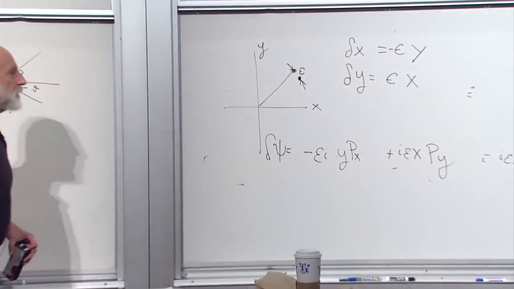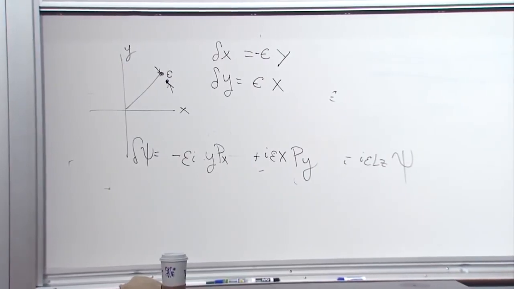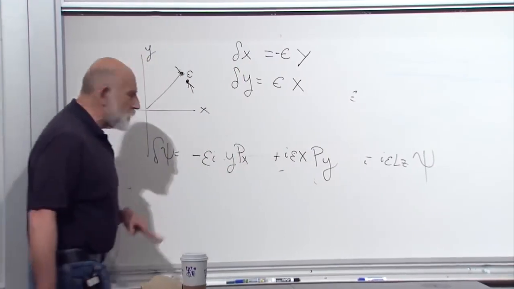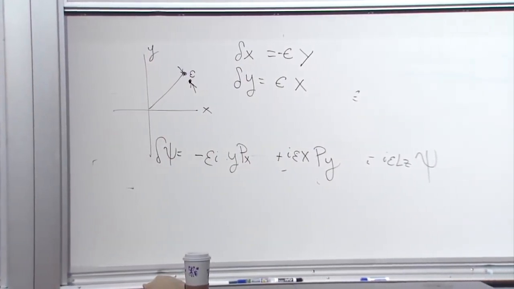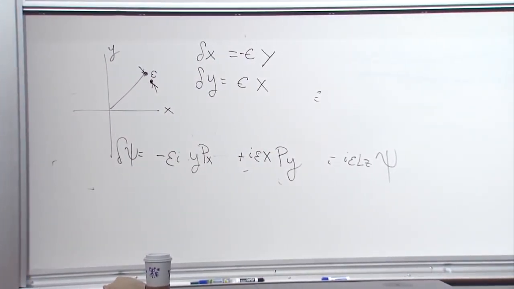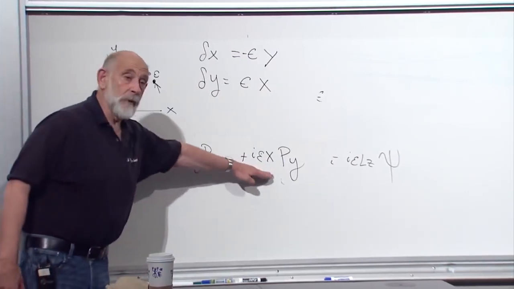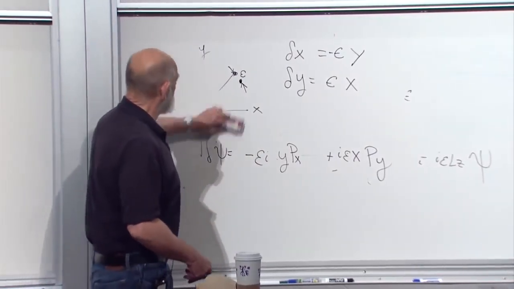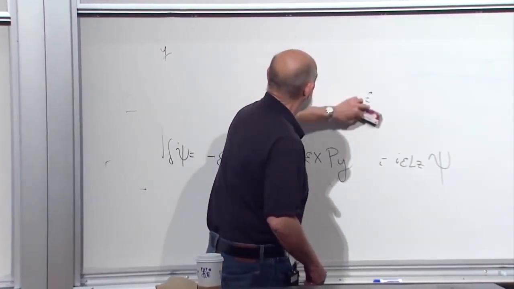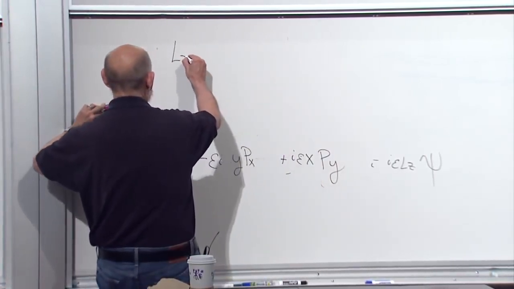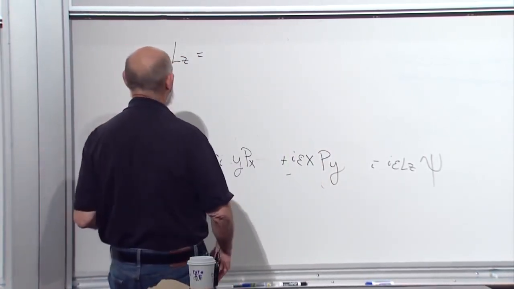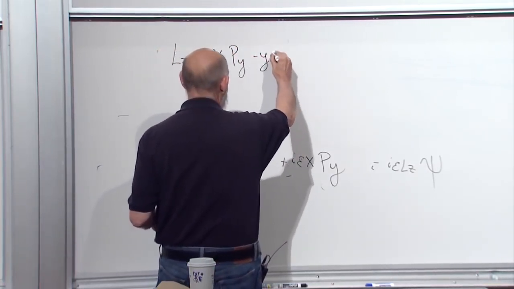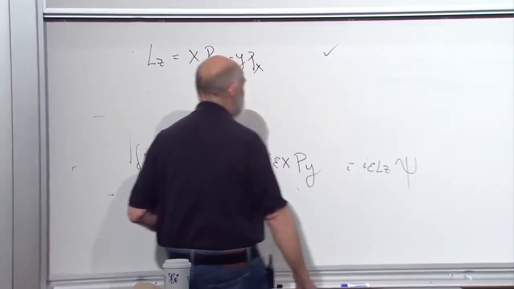All right, apart from the sign, which I said I wouldn't try to track in any detail, it's quite clear what the correspondence between the z component of the angular momentum, the generator of rotations, and the coordinates and momenta of the particle are. Lz is to be identified with xpy minus ypx, and now I do have, this is the right sign.